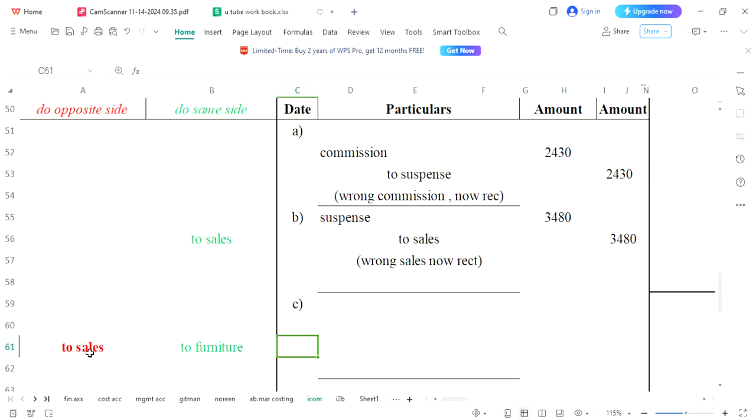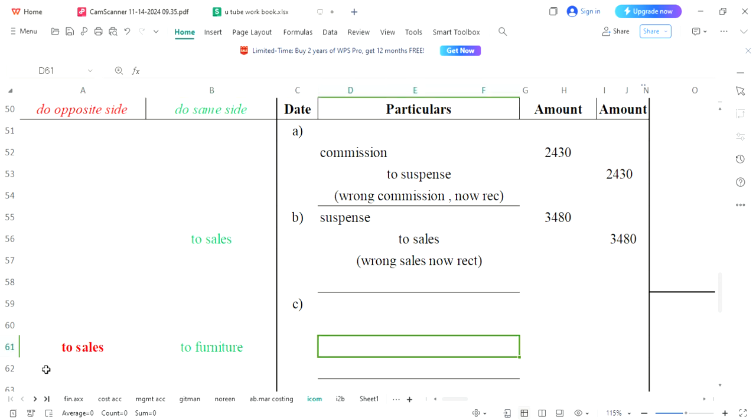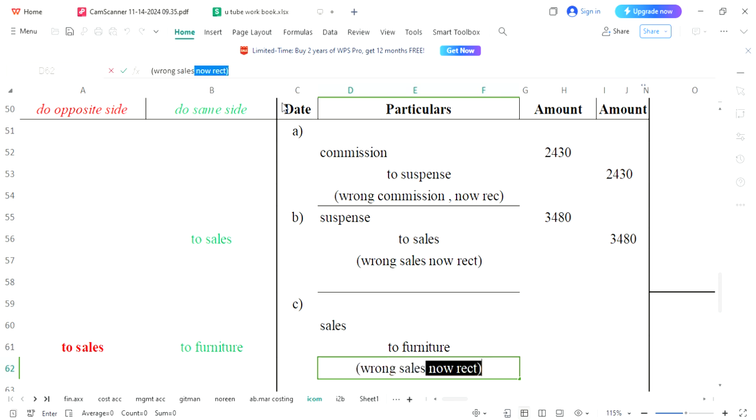Okay, let's rectify it. Sales to furniture, and sale was not required, so it would be written on the debit side. Okay, so here we can see that sale is written on the debit side and wrong sales now rectified.